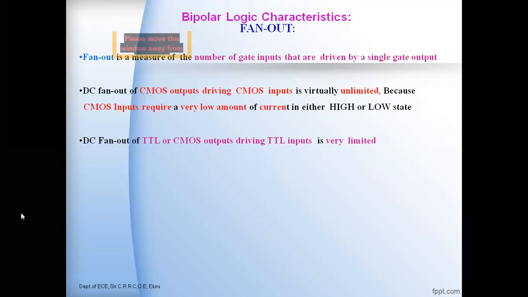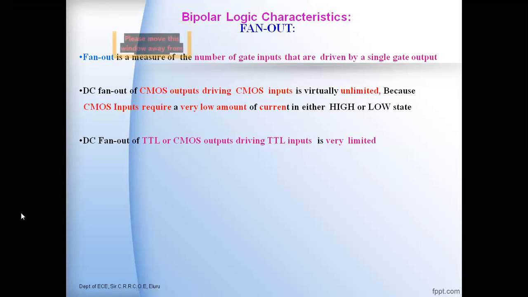But that is not the case in TTL. If a TTL gate is driving other TTL inputs, it cannot drive more than a limited number. So the DC fan out of TTL or CMOS outputs driving TTL inputs is low.